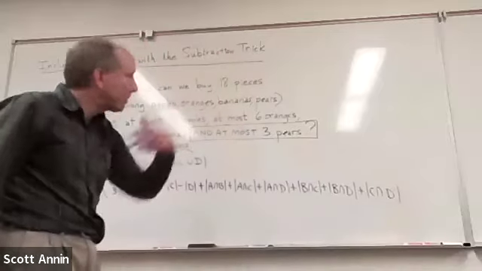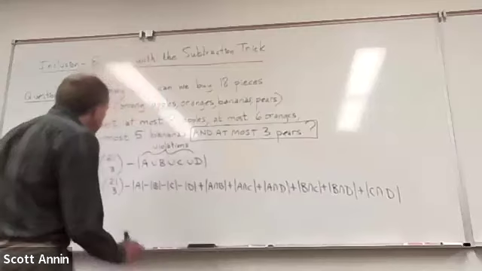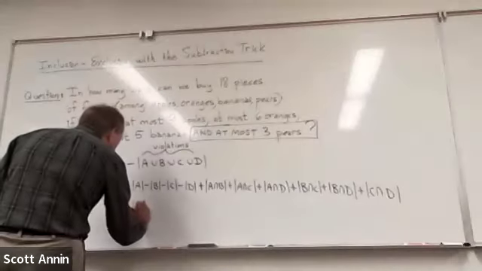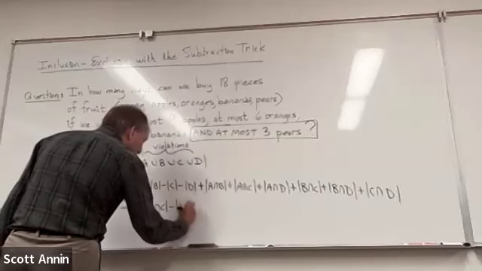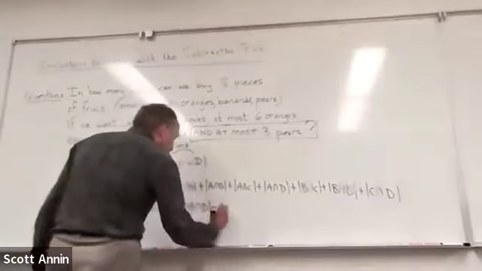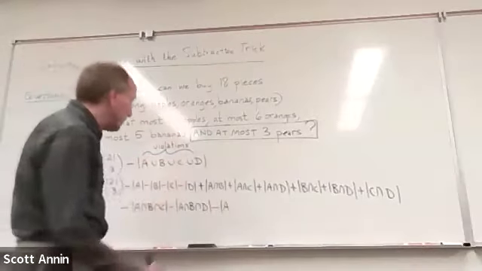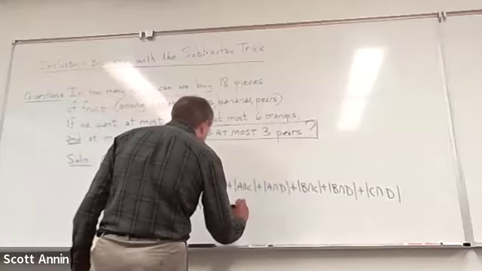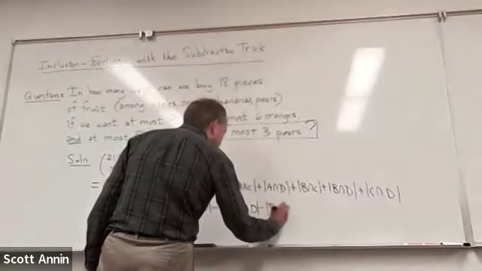So we have those 6 terms that we would be adding back in. And then we would be taking back out the three-way intersections. And now we actually have several of those. So I'll go ahead and write these down here as well. A intersect B intersect C, A intersect B intersect D, A intersect C intersect D, and B intersect C intersect D.